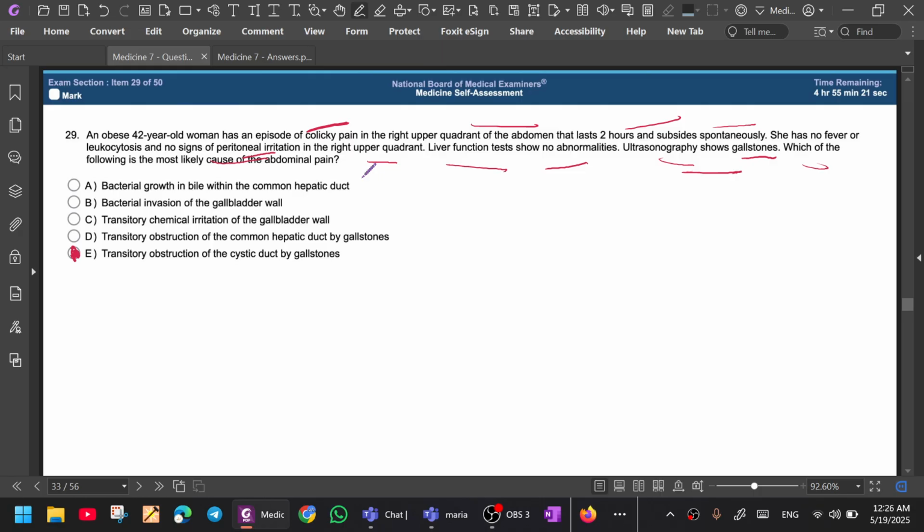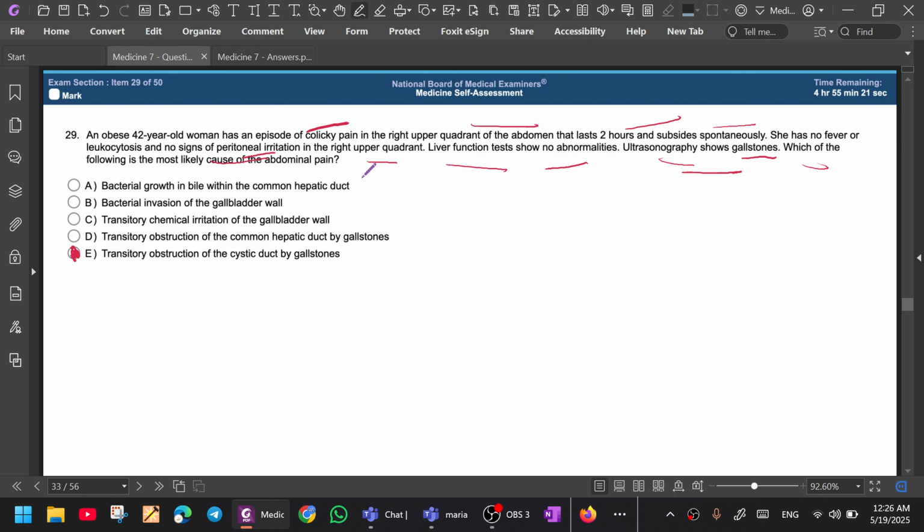It says here, bacterial growth in the common hepatic duct may result from ascending infection of the biliary tree, known as cholangitis. And what is cholecystitis?